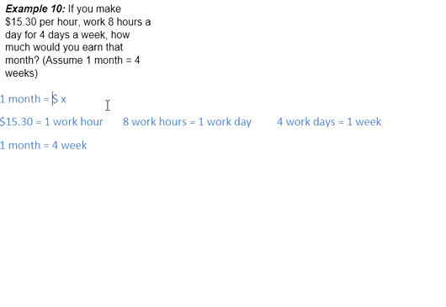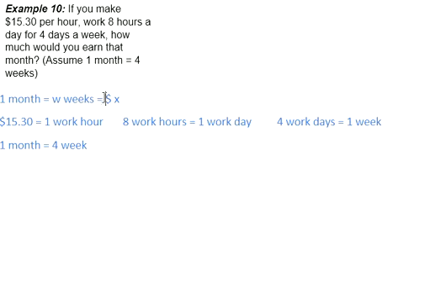you can work backwards or forwards, and which letter you give doesn't really matter. I'm just going to give it a more logical letter instead of just going to X, Y, Z. So I do know that I can convert months to weeks. So I can say that 1 month is equal to some unknown number of weeks.